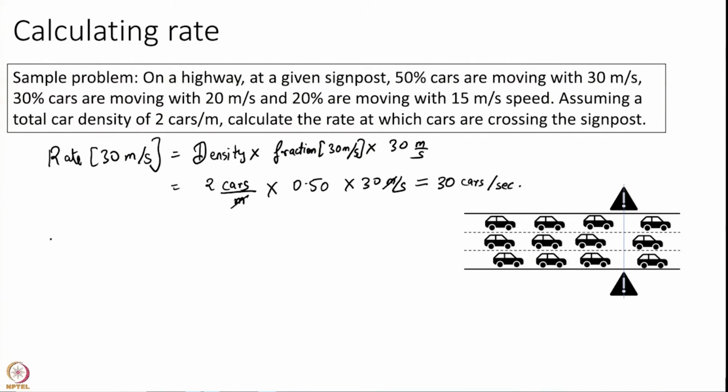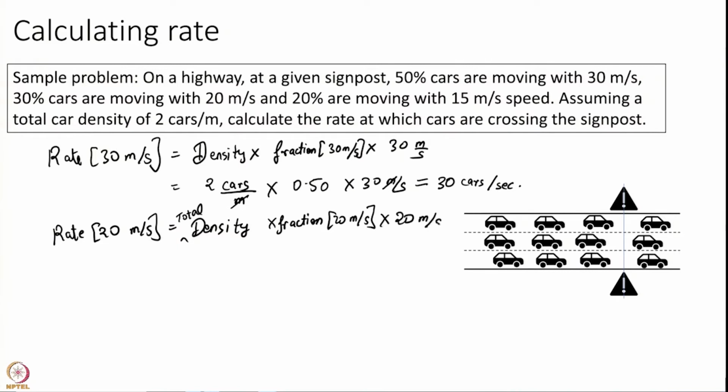Yes. So, I can do the same for 20 meters per second too. This will be the density of total cars times the fraction of cars travelling at 20 meters per second times 20 meters per second.